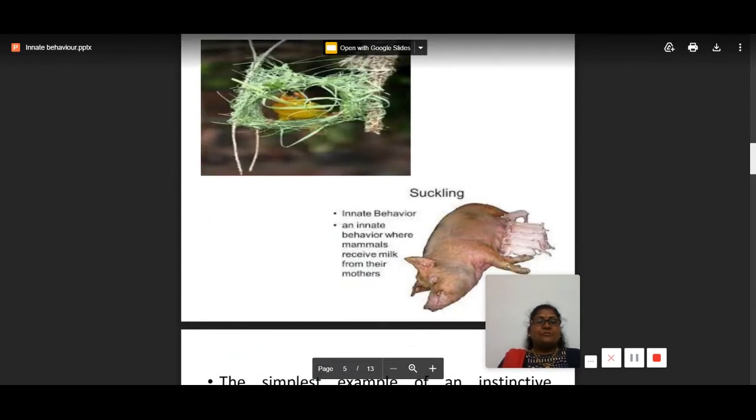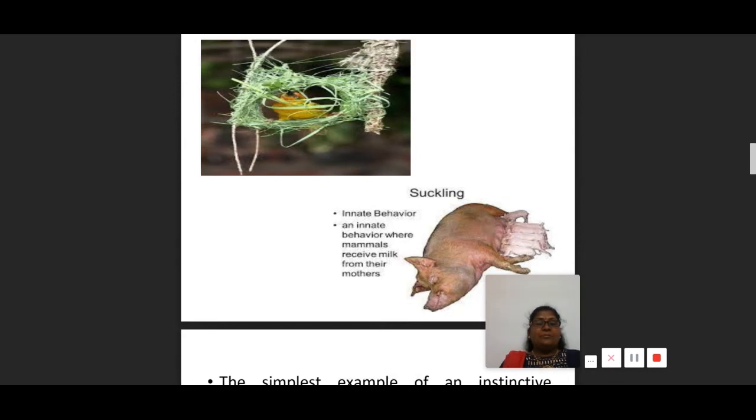As we study nesting behavior in birds, many types of nests are built by the different kinds of birds, with beautiful architecture. Another best example of innate behavior is suckling, where the animal receives milk from its mother.